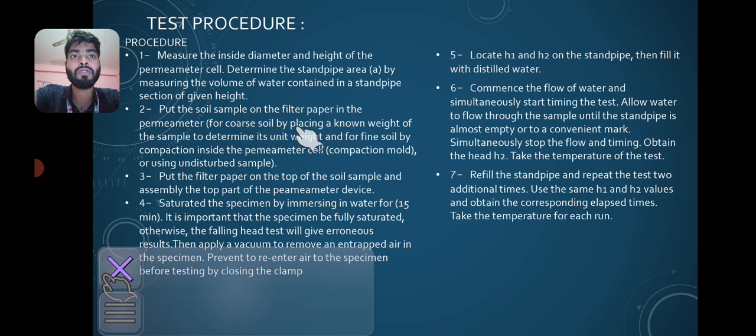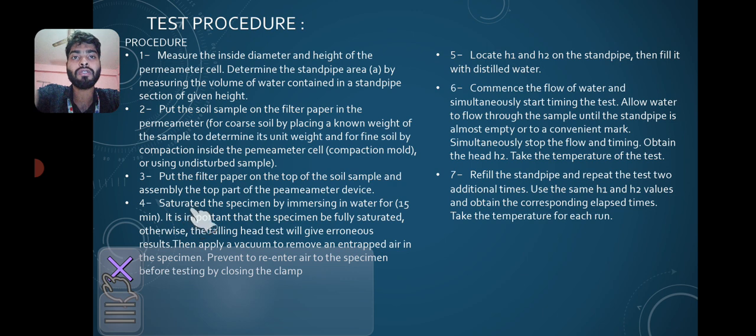For coarse soil, place a known weight of the sample to determine its unit weight, and for fine soil, use compaction inside the permeameter cell compaction mold or use an undisturbed sample. And third, put the filter paper on top of the soil sample and assemble the top part of the permeameter device.